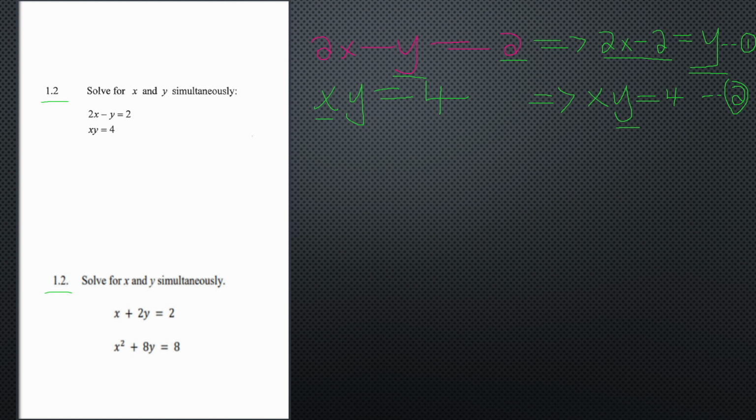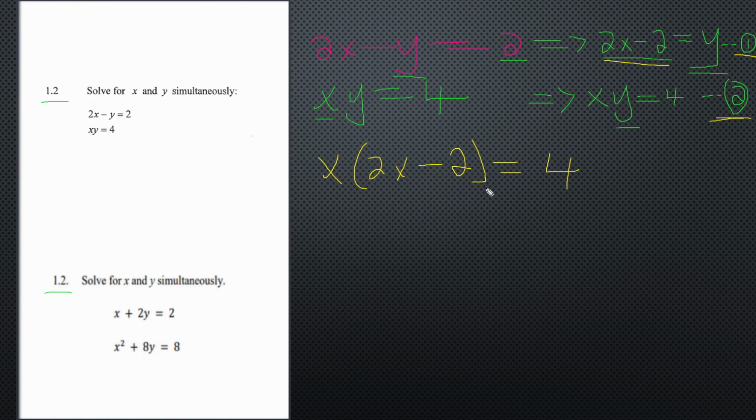So now we can proceed. I just want to change colors as we proceed. So let's take equation 1 into equation 2. So that will be x times y equals 4, because this is our equation 2, and our y equals 2x minus 2, right?